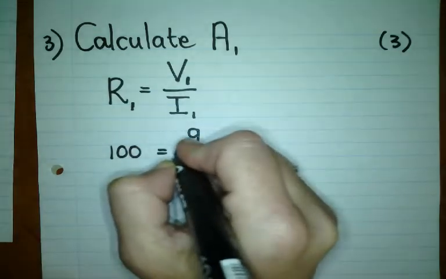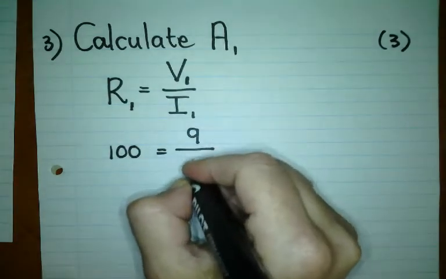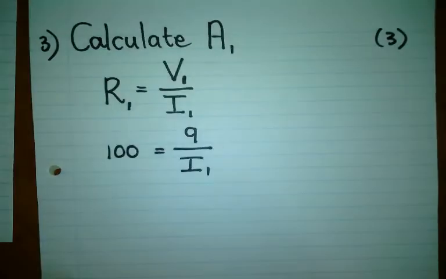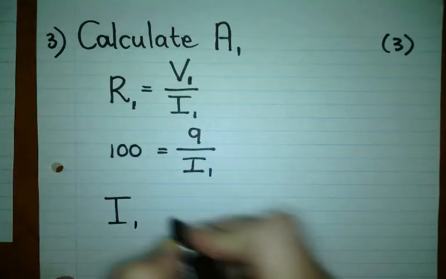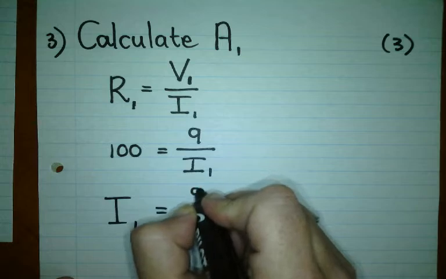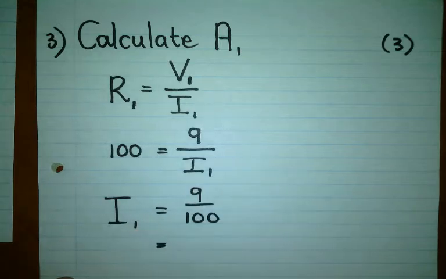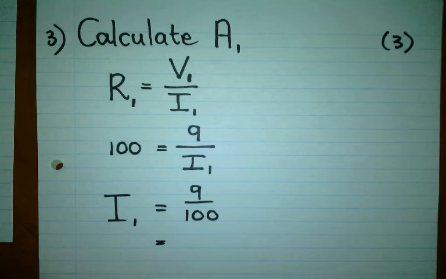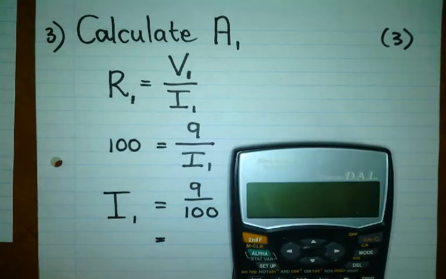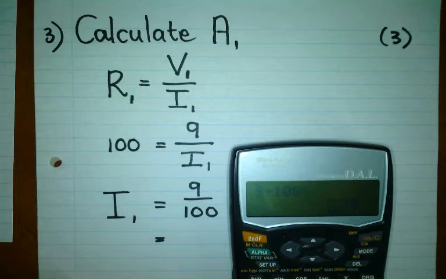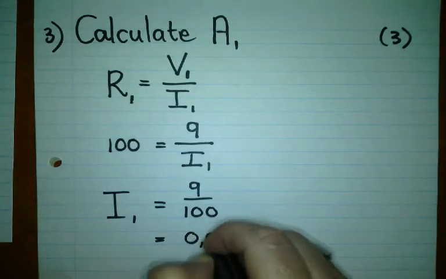V1 is the same as the voltmeter reading over the battery, and so that is 9. And I'm asked to calculate I1 or A1. Just remember, it's the same thing. They just decided to have ammeters as A's and the symbol for current as I. Right, guys, this is super easy. I'm just moving a decimal. 0,09.